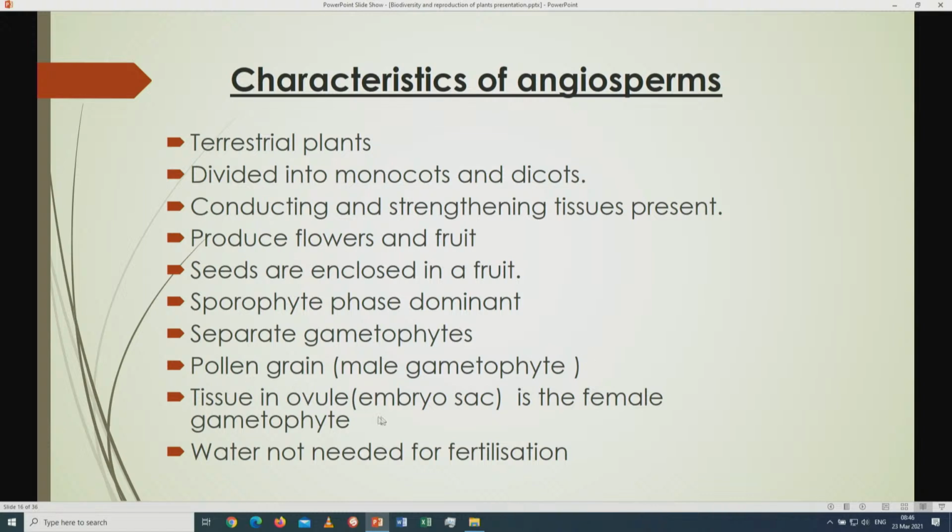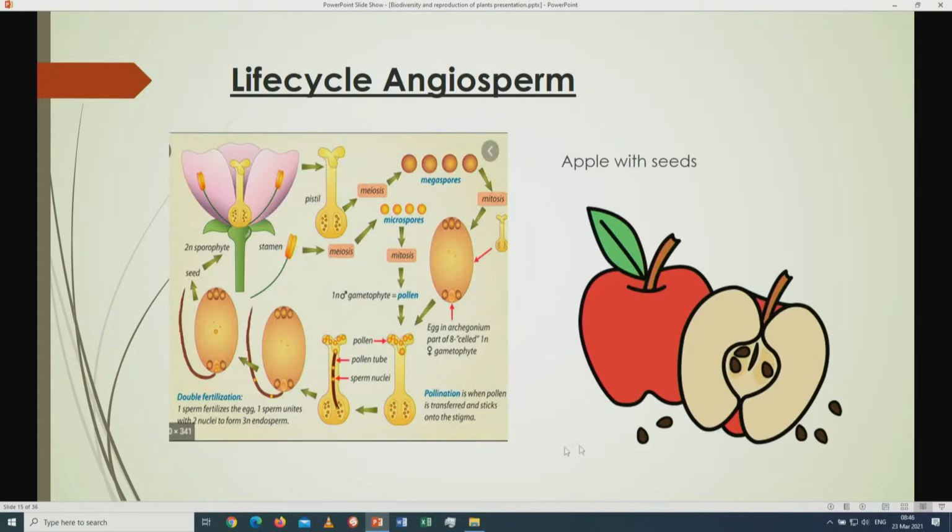The tissue in an ovule called the embryonic sac is the female gametophyte. In angiosperms, water is not needed for fertilization to take place. In order for fertilization to take place here, agents of pollination are needed, such as wind, birds, and insects.